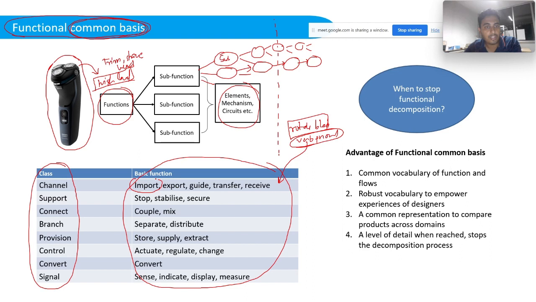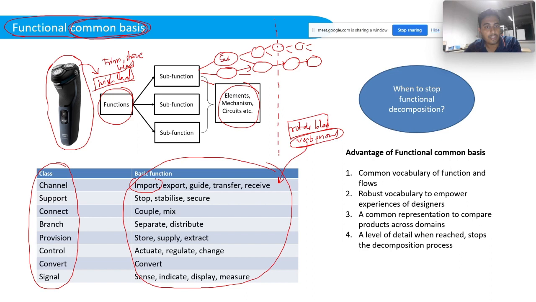And fourth is the obvious one, which is that it provides a level at which a designer knows when to stop in a functional decomposition process. So whenever we reach this particular use case scenario of these particular verbs, we know that we have reached the lowest level of the functional decomposition process.